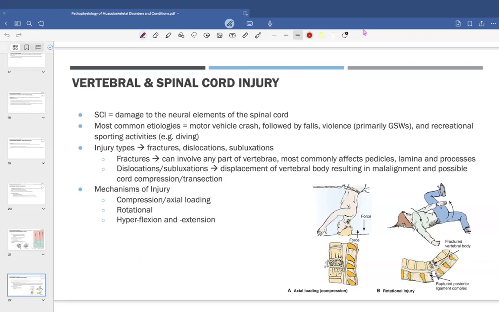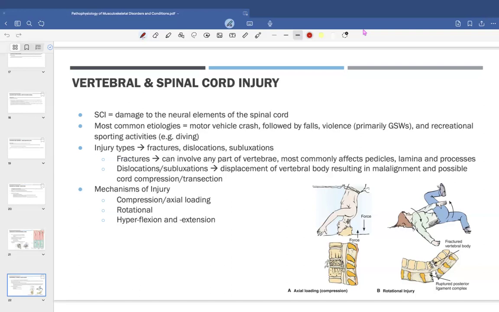And then, of course, there are recreational injuries like diving that can happen. Your injury types will range from fractures to dislocations to subluxations. Your initial evaluation is often going to involve plain films, followed by MRI and or CT, depending on what your suspicion level is.